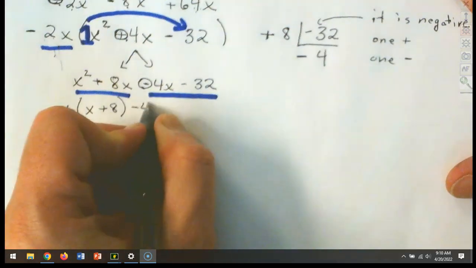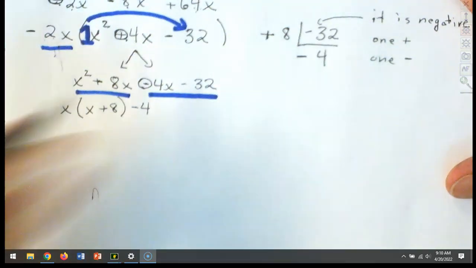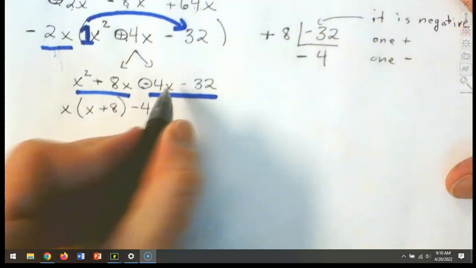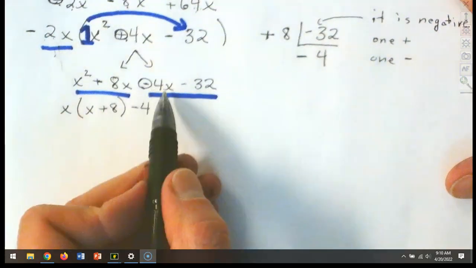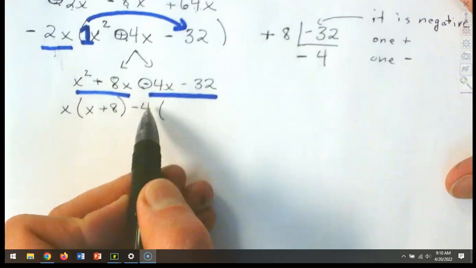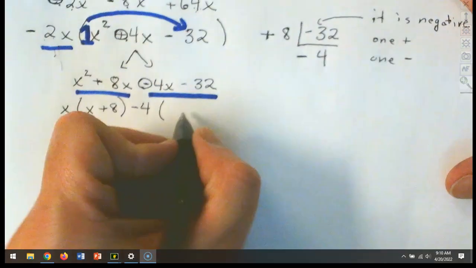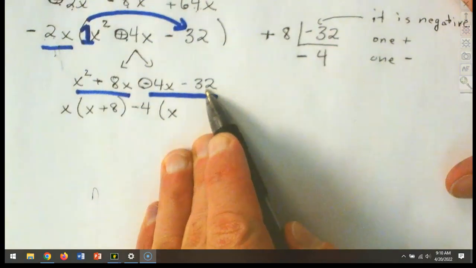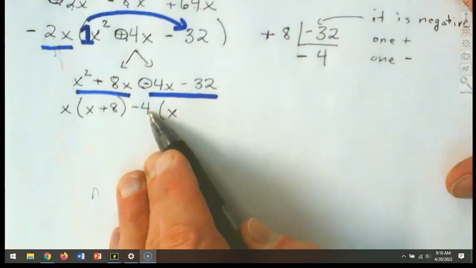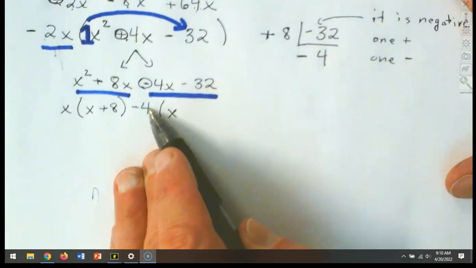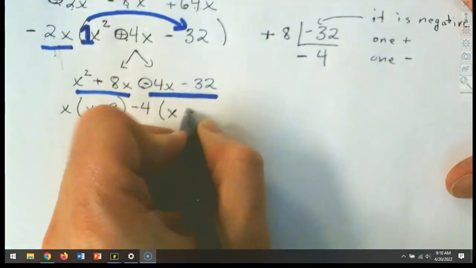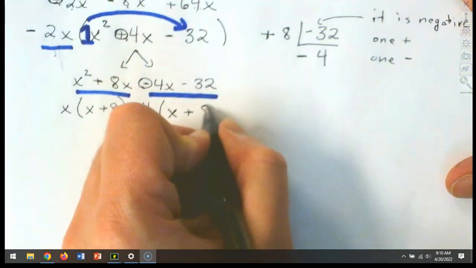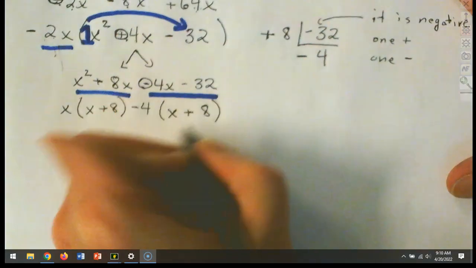So we're going to factor in a minus 4. And that's going to then leave you with, watch your signs here. When you factor out negative 4, x divided by negative 4 makes it positive x at the end. And a negative 32 divided by a negative 4, those signs switch because negative divided by negative makes it a positive. So that's a positive 8 there.